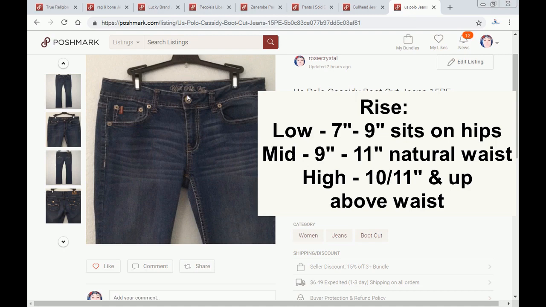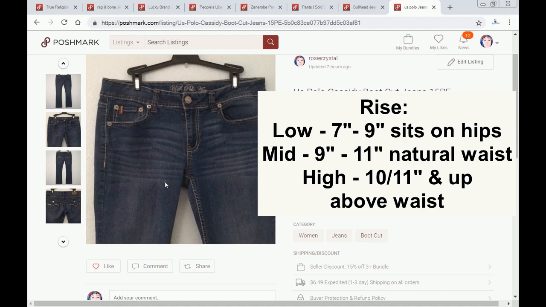They call that a mid-rise, and it should sit right on the natural waistline. Anything that is 10 inches and over, or sometimes 11 inches and over, would be considered a high rise. It sits above your waist and usually covers the belly button. Sometimes they're even considered mom jeans, which are usually high-rise jeans. But that's how you tell the front rise.